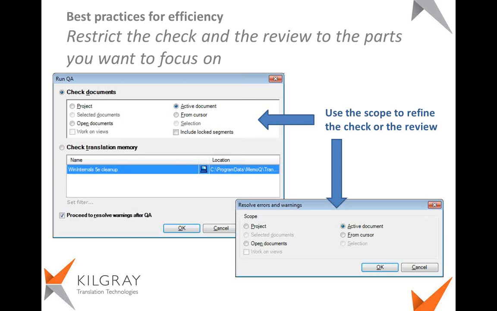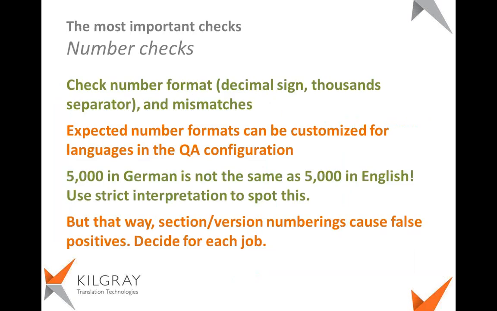MemoQ doesn't use so-called linguistic intelligence to match together words or terms that occur in different suffix forms. The same problem exists with Hungarian. I'm going to be able to show you how to work around those. So I'm about to talk about the most important checks, so I'm going to return to this question in a few minutes. Right now, number checks.